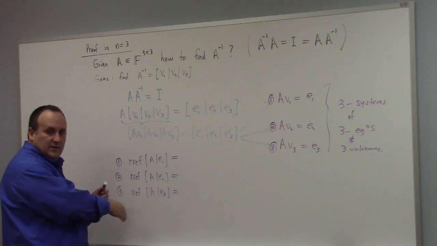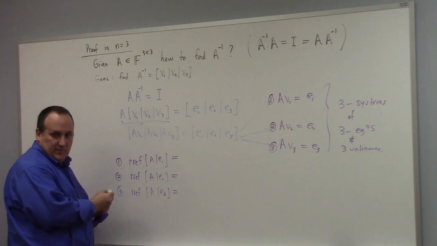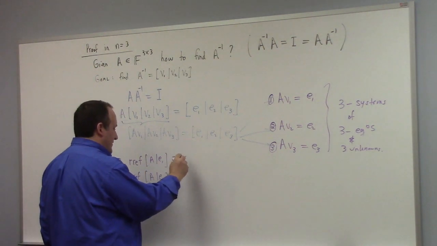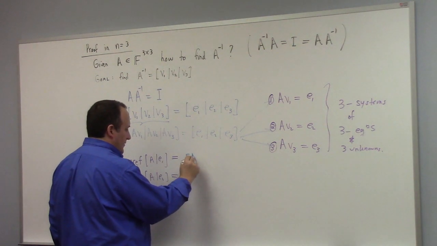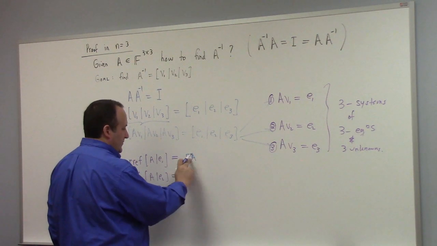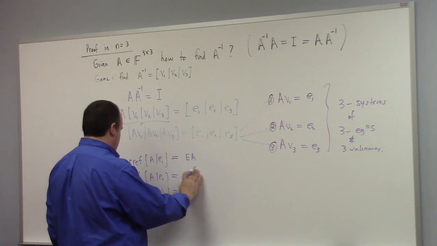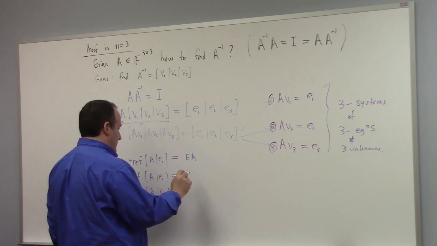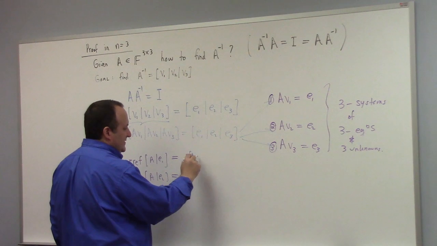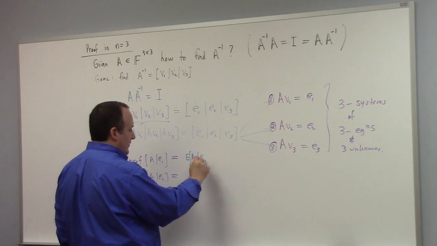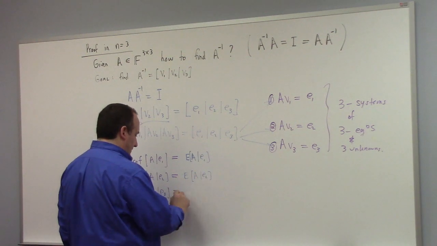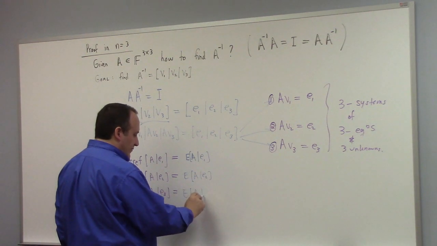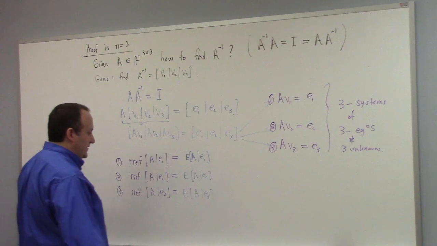But my point is, if A is invertible, then there exists an elementary matrix E such that E times A concatenated with E1 is E A concatenated with E E1. And this is that same elementary matrix in all three, because it's the same row reduction.